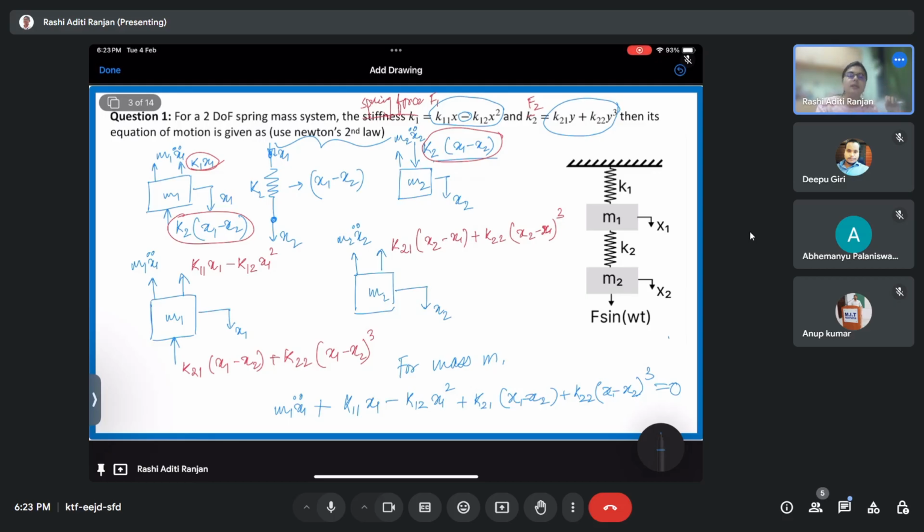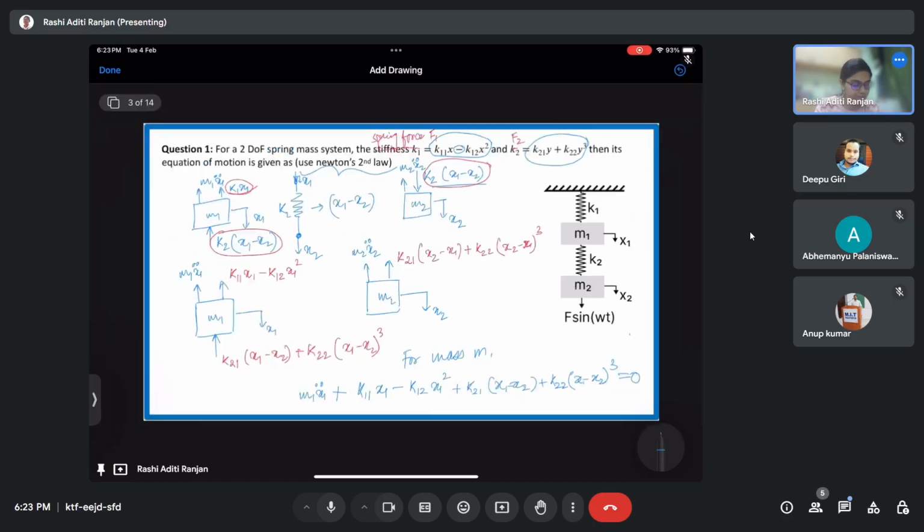Hardening means that after a certain displacement, further displacement is very difficult, while in case of softening type, the displacement becomes easier and hence instability is more in case of a softening kind of spring.